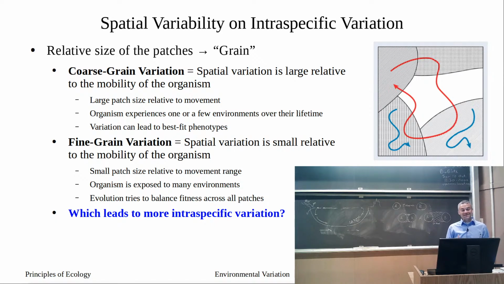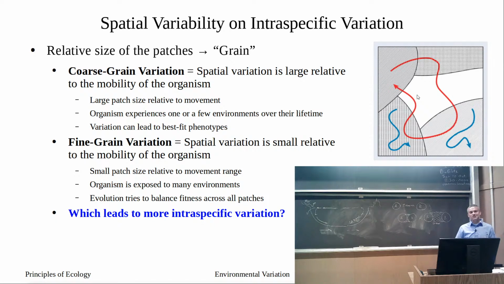So in this case, we have to think about intraspecific variation. You have to think about the species. We can have populations of snails in each habitat patch. Each population is going to experience its own selective force that pushes it down its own evolutionary trajectory. So we have the possibility of getting increased phenotypic and genetic variation when dealing with coarse grain variation. With fine grain variation, we're balancing across all habitat types, all patches.